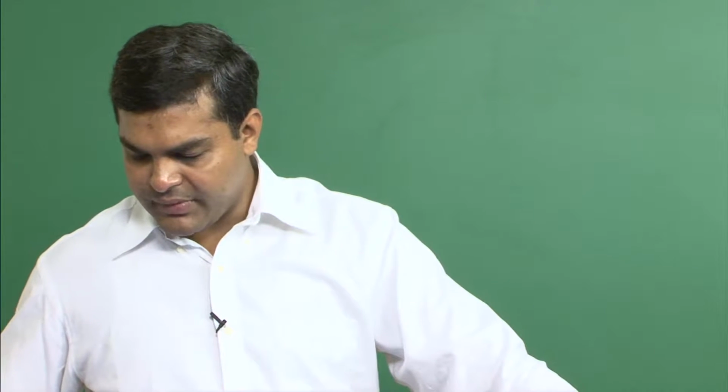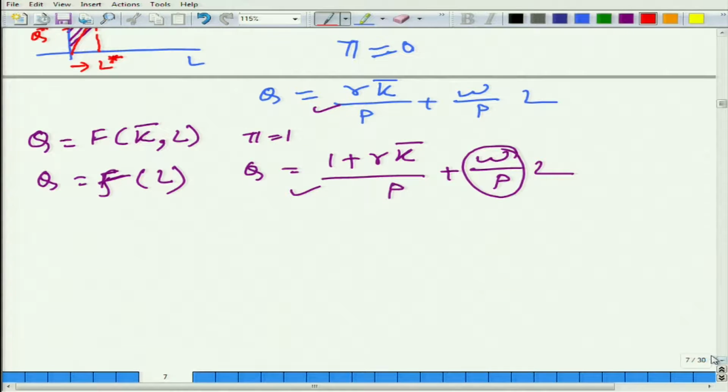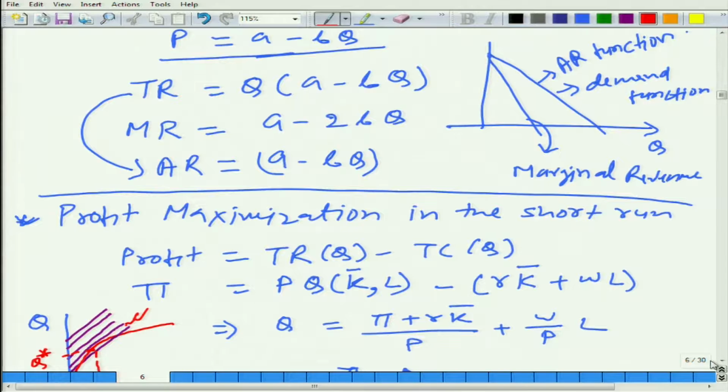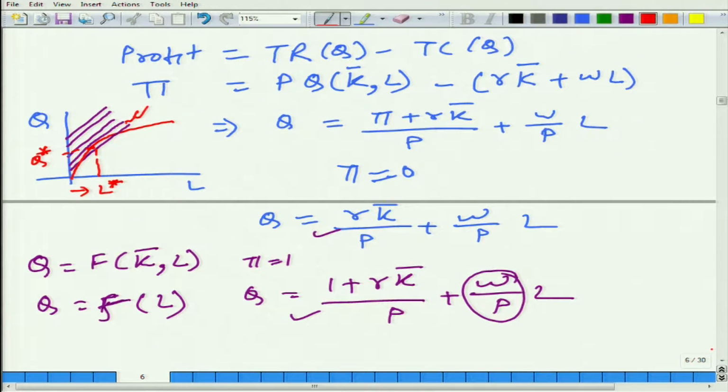Can you tell me? Let us say if W increases, think for a minute and say what happens to the optimal amount of labor used for the production, and what happens to the output?